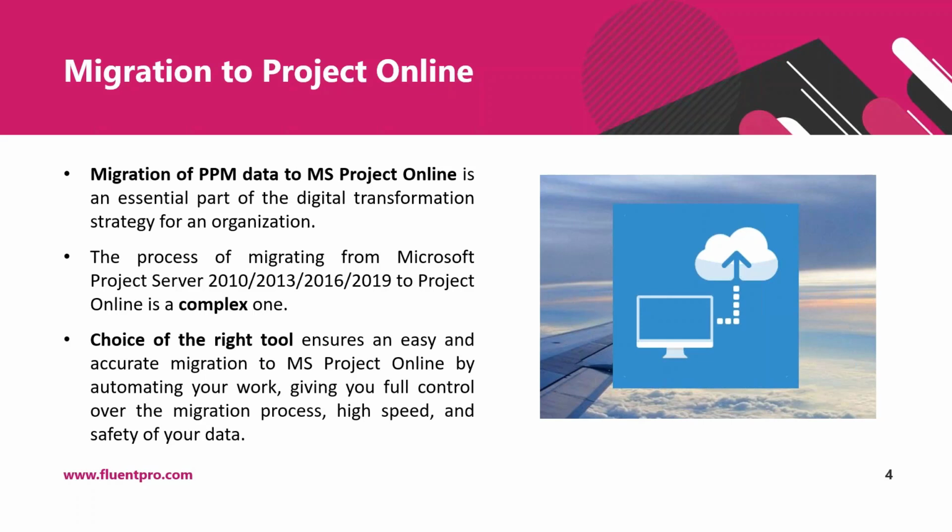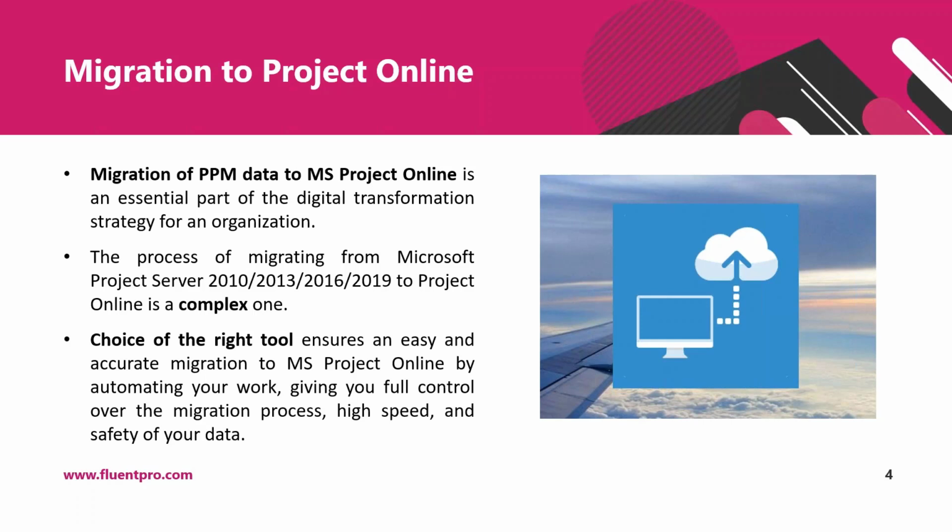Regardless of your goal, whether it's migrating from an on-premises environment to Project Online or within the cloud, there is currently no suitable way to do a full migration without a middleware. And this is exactly what makes FluentBooks by FluentPro the right choice of the tool.